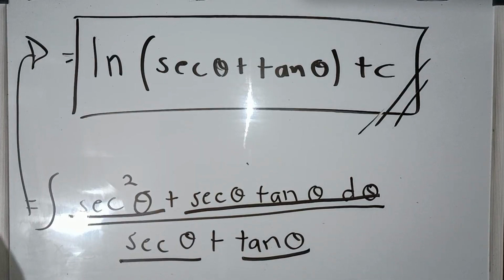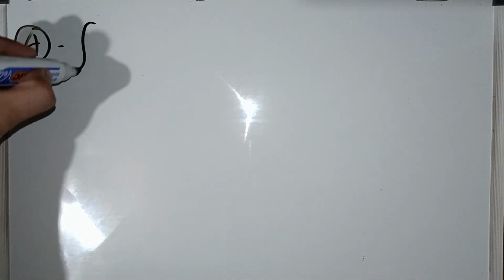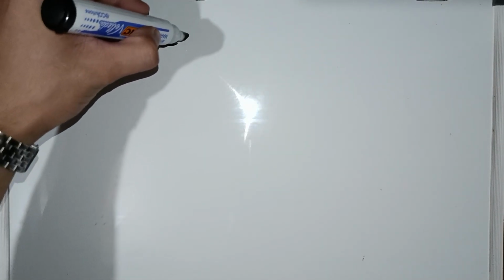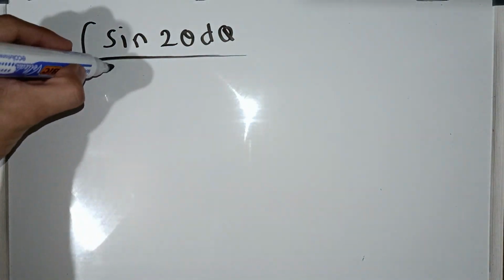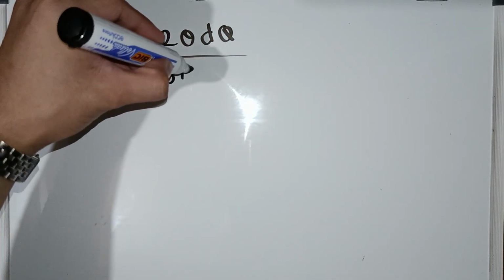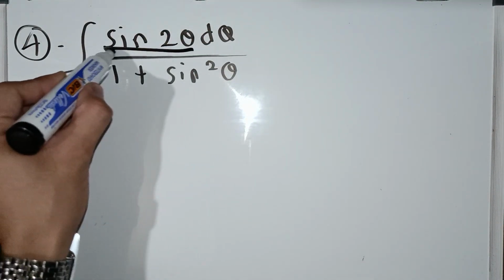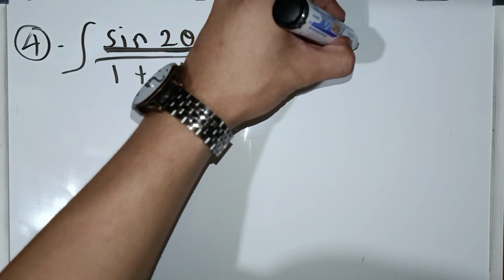For our problem number 4, let's try to use double angle identities. The integral of sin 2 theta d theta all over 1 plus sin squared theta. So how can we solve this? As I said earlier, we will be using the trigonometric identities, which is the double angle.